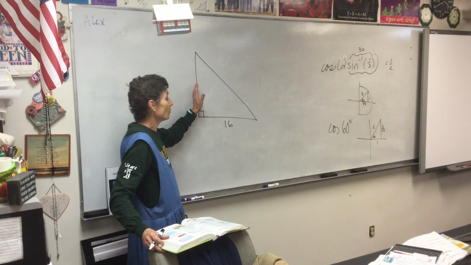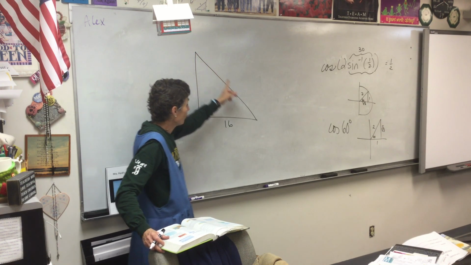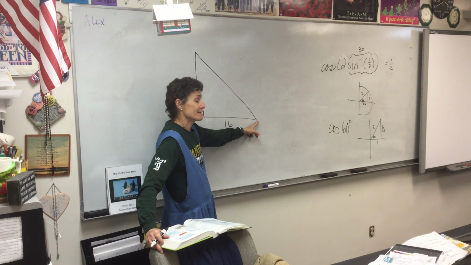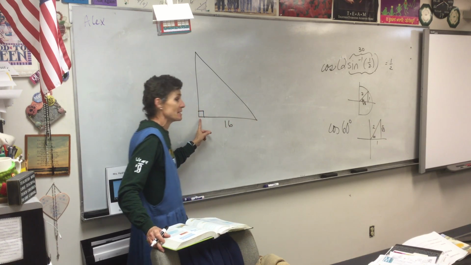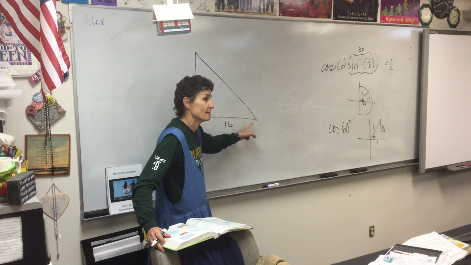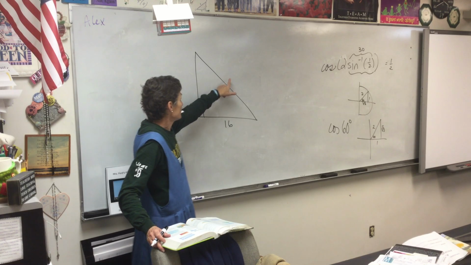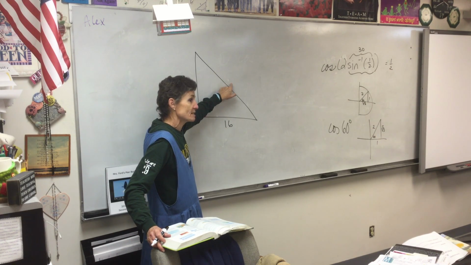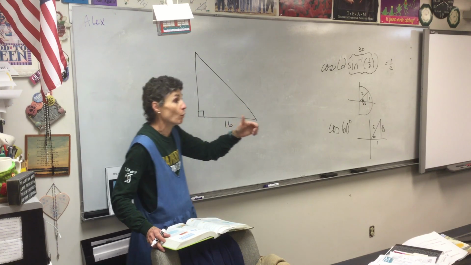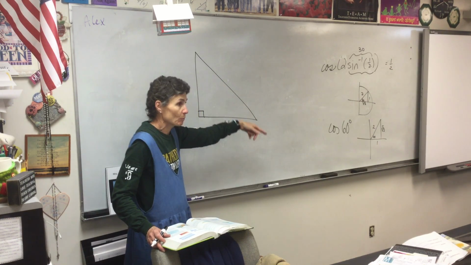So we have a pole, we have a wire going from the top of the pole to a point 16 feet from the base of the pole. So this is 16. Do not put the 16 here. What would this be? What's this? That would be the length of the wire. So if it said a 16-foot wire, then that would be 16.